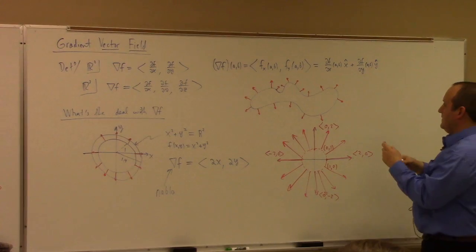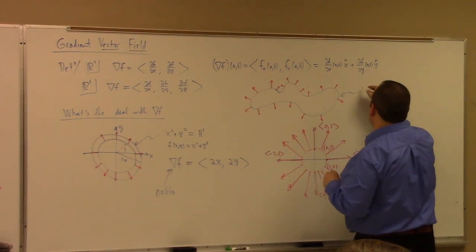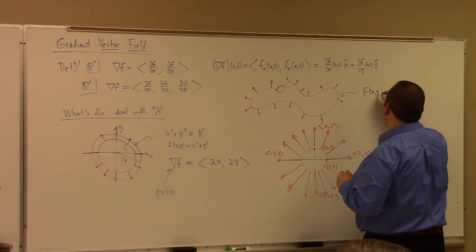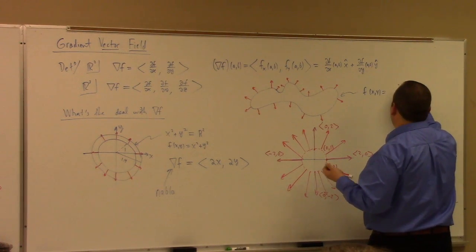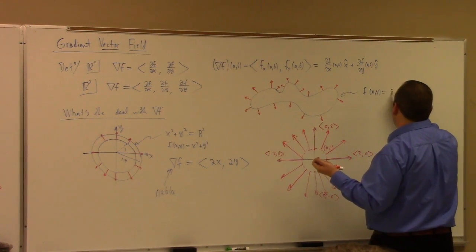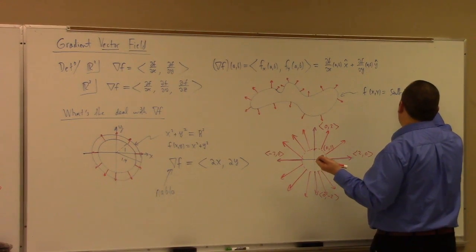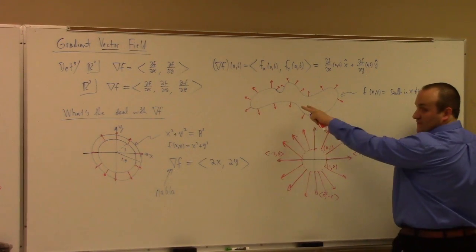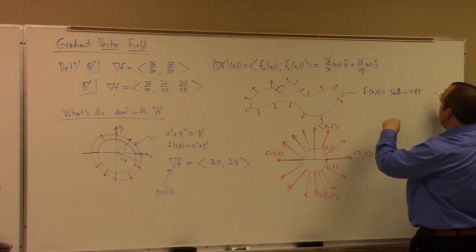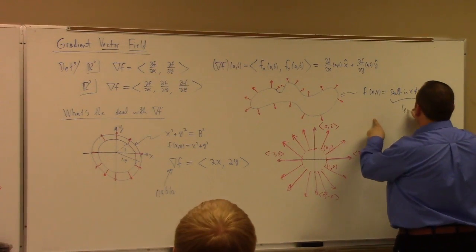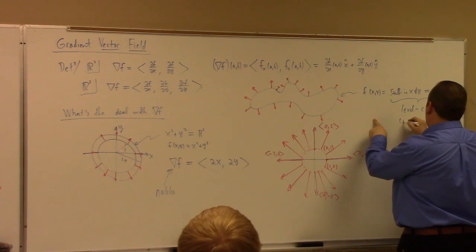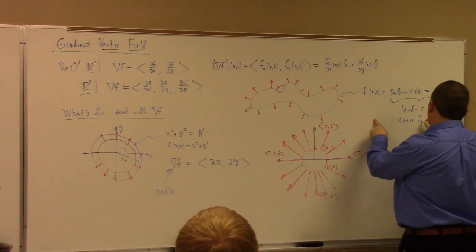Well, this is something like f of x comma y equals some function, some stuff in x and y. I don't want to be general. Don't ask me for the formula here. I don't know. Okay? But this equals a constant. This is the level C curve for f.